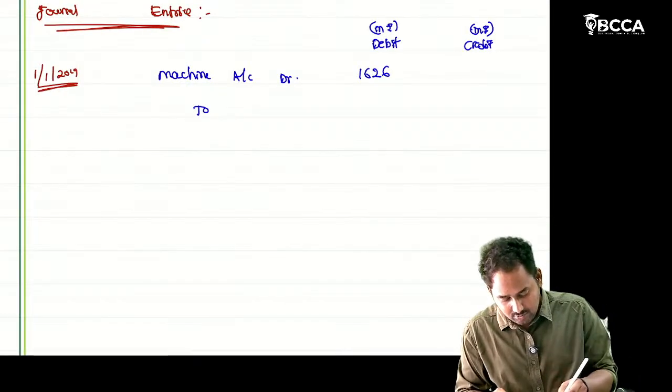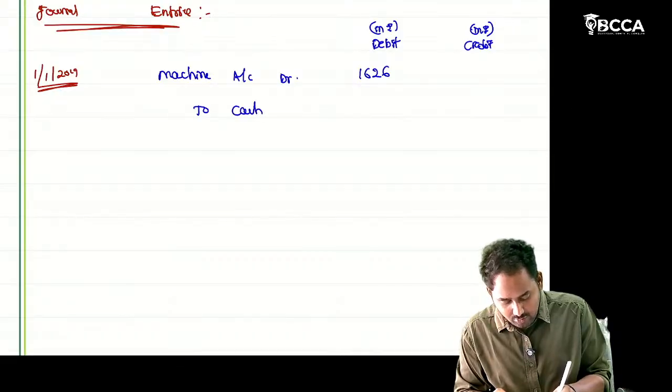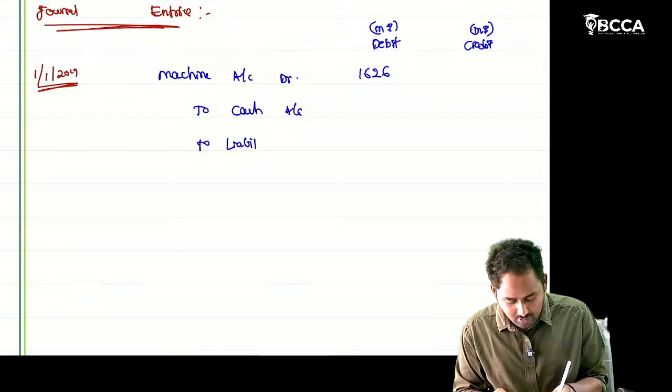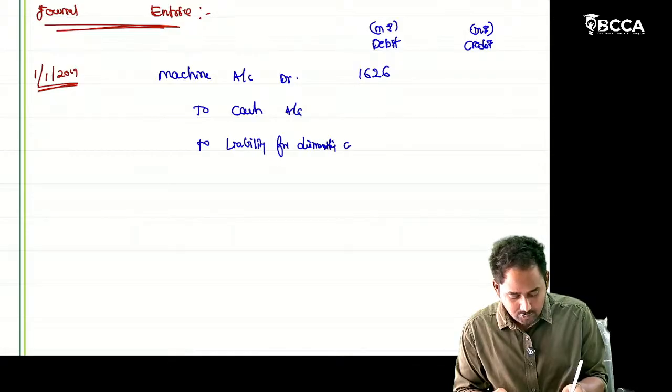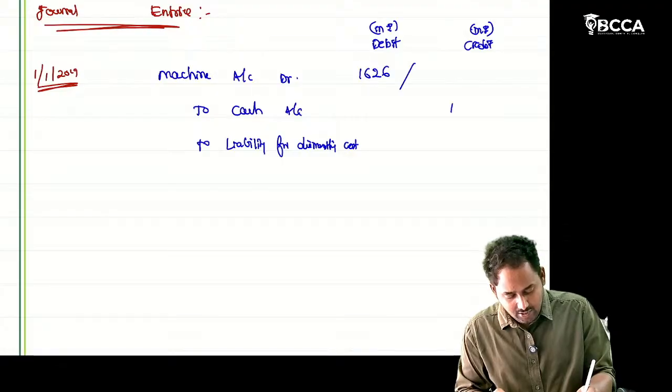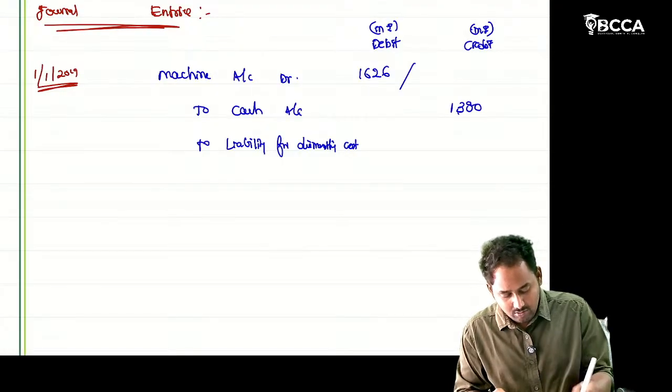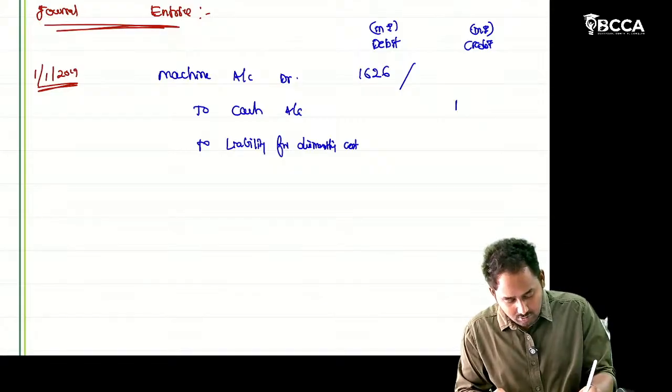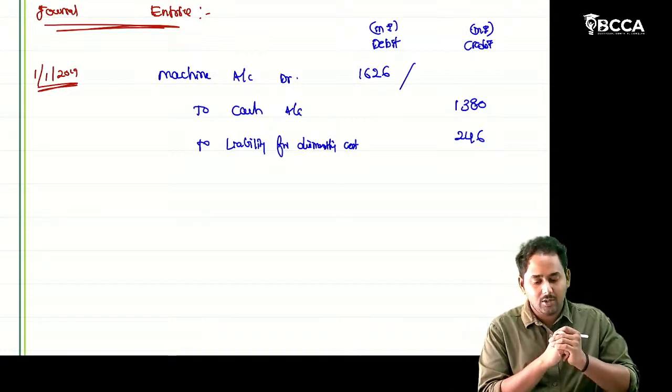So machinery account debit, to cash account 1380, to liability for dismantling cost 246.